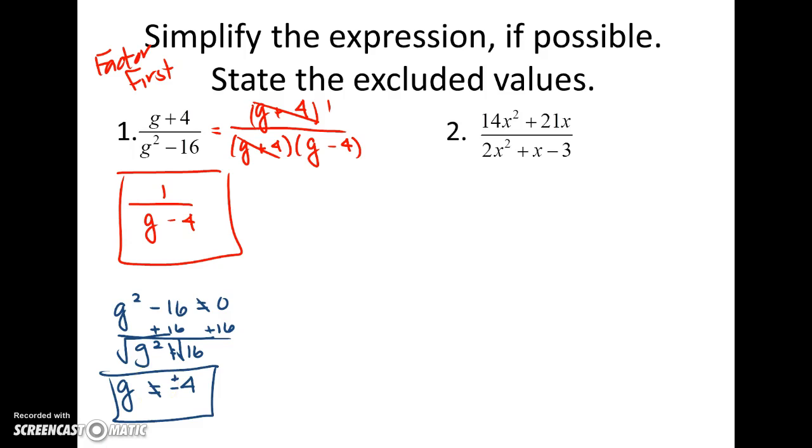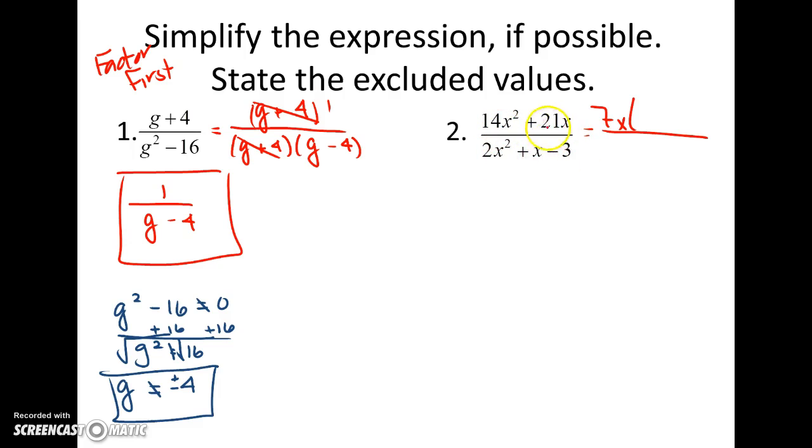Moving along. For your next example, again, we need to factor first. Looking at the numerator, what goes into 14 and 21? I would say 7. And then what goes into x squared and x? I can take out an x from both of those, and then I'll put my leftovers in parentheses. Notice I didn't use a box for this one because it's not in the same form as the previous numerator.